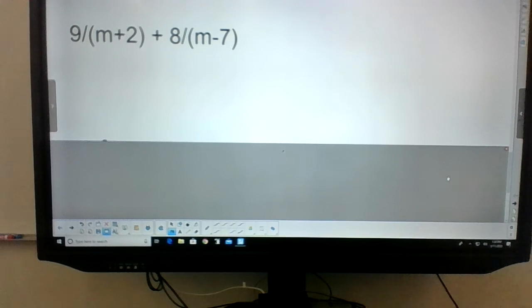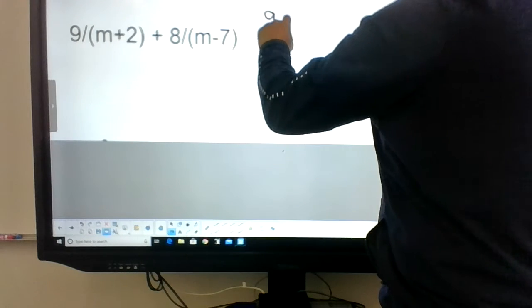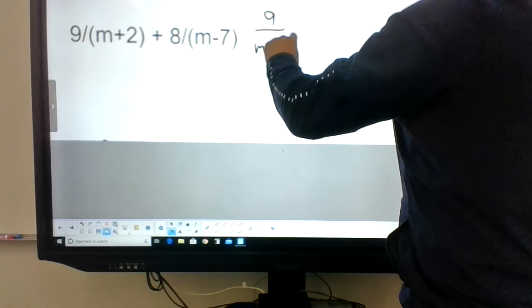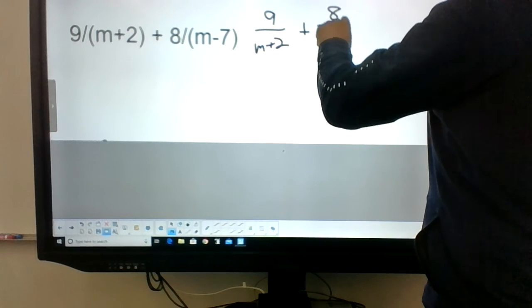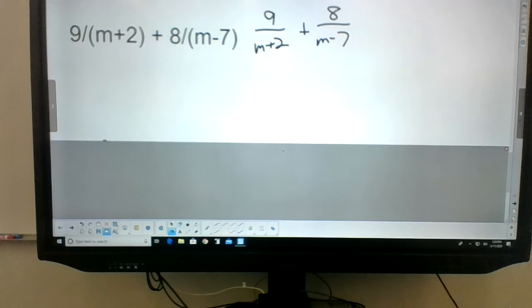Here's where it gets a little weird again. 9 over m plus 2 plus 8 over m minus 7. Now, what is the common denominator? I always get people that'll say m minus 5 or something to that effect. No, can't do that.